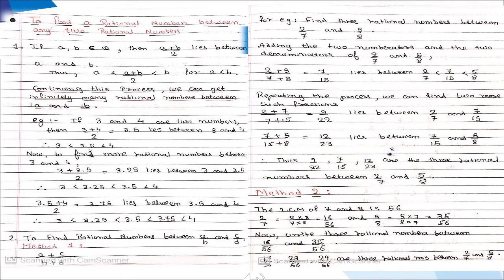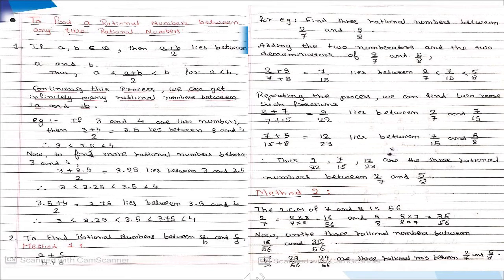See here, in my example, my lowest rational number is 3 and the mid value which I got is 3.5. So 3 plus 3.5, again I want to find the rational number between them. So I will add 3 plus 3.5 upon 2, which is 3.25. So again 3.25 lies between 3 and 3.5 because you have added those two and divided by 2.